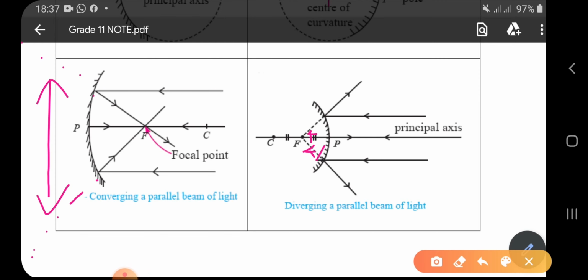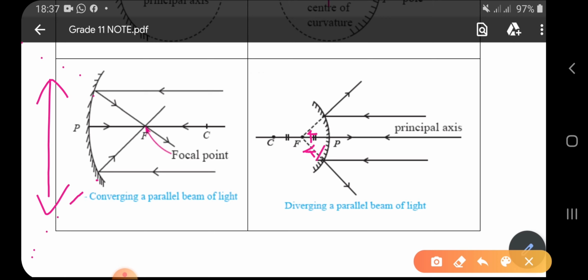If there is an object in front of a concave mirror, you can see the image will be enlarged. But in convex mirrors, the image formed will always be diminished. That's because images are formed behind the mirror.